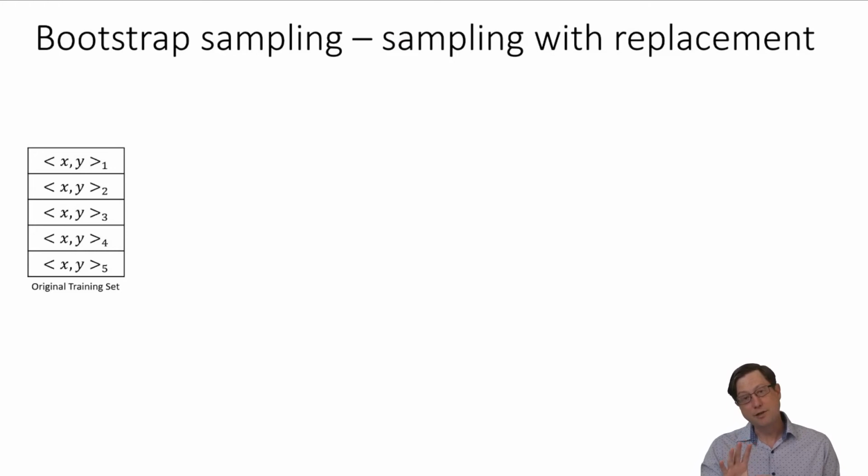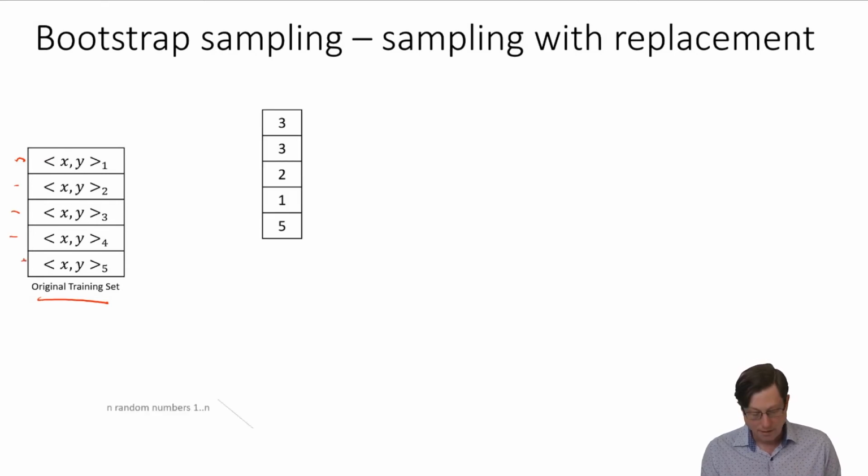Maybe this is belaboring the point, but I just want to show it to you again. If this is your original training set, you have XY1, XY2, and so on, the different training samples. The way you take a Bootstrap sample is you take n, which is 5, and generate 5 random numbers between 1 and 5.